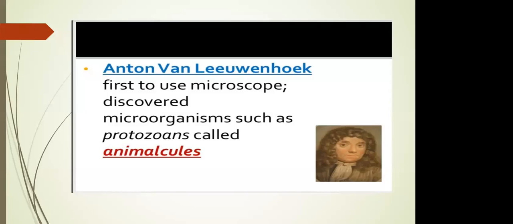In which year? 1674. Note down. In the year 1674, he observed living cells. Antony von Leeuwenhoek first used a microscope and discovered microorganisms such as protozoans called animalcules.